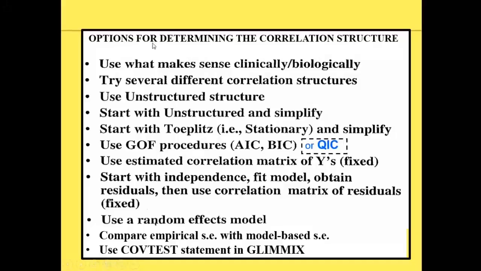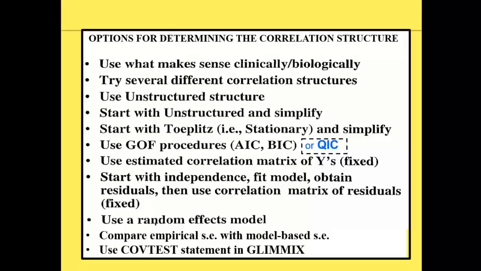But we'll look at the first choice. Use what makes sense clinically or biologically. That's the first choice, right? You've got correlated data, and let's say it's like the aspirin bypass study. If you remember, that study was not a longitudinal study. You were following people, and 1 year later, people had bypasses. You're looking at the information on whether the bypass is blocked or not, and it's cross-sectional information at 1 year later.